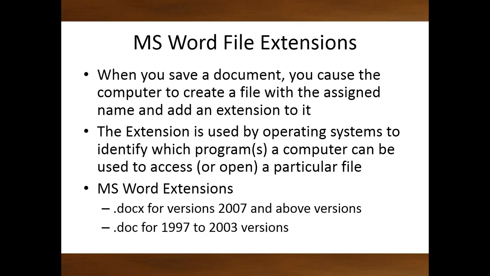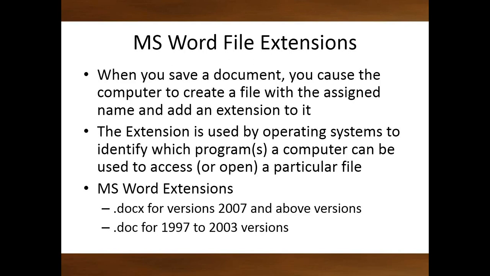What are we saying here? What we are saying is, every file we create on a computer has what is known as a file extension. A file extension is used to indicate which program the file was created in, and which program or programs can be used to access that particular file.